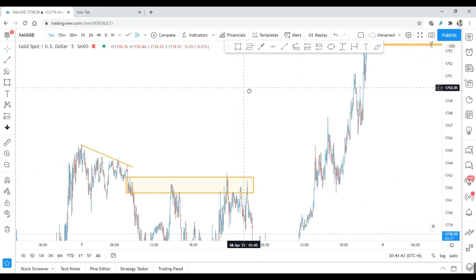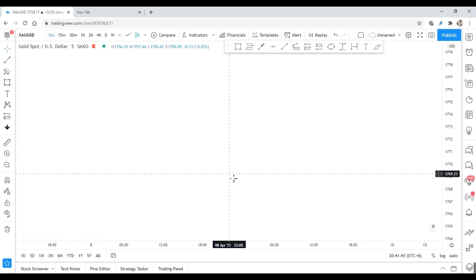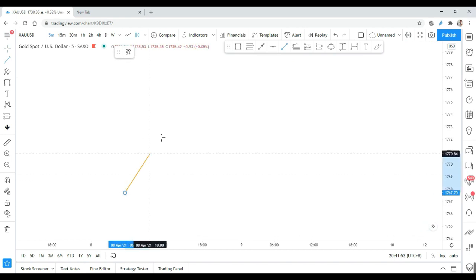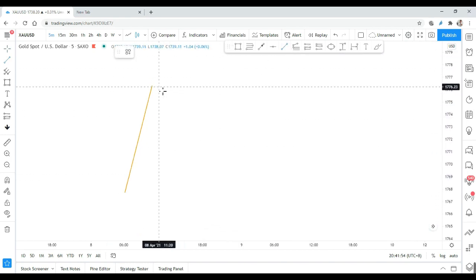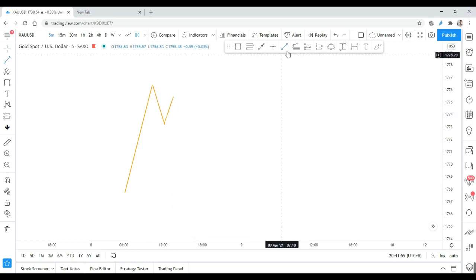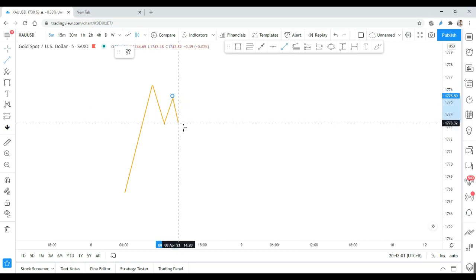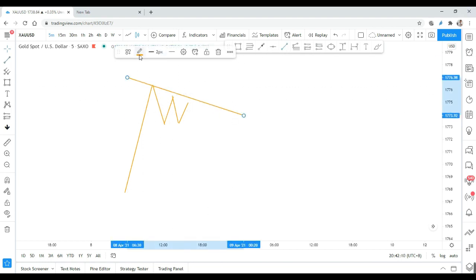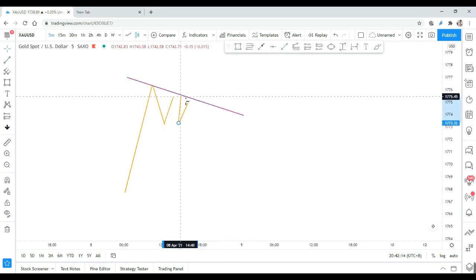Let me give a conclusion so that you guys don't get confused. Previously we were talking about the tree drive, but now we have another type of drive. We call it the trend continuous drive using trend line. The price will tend to move in a wedge form, then we have our trend line.